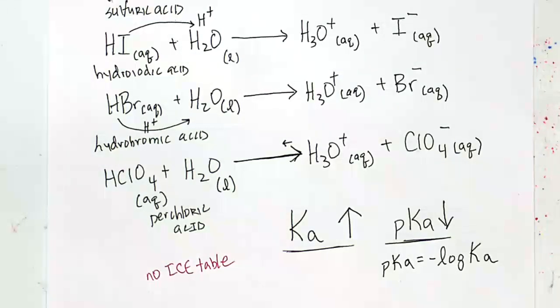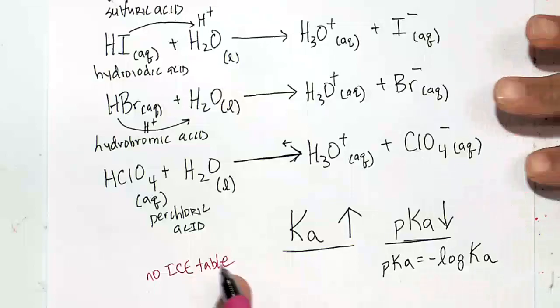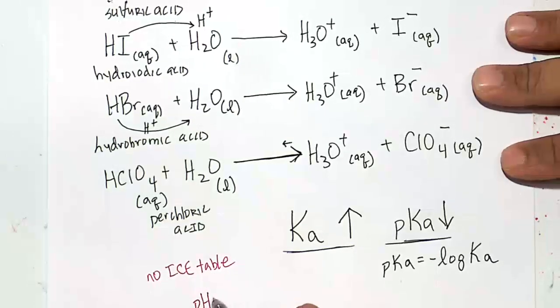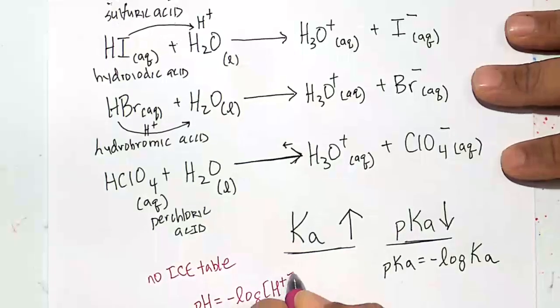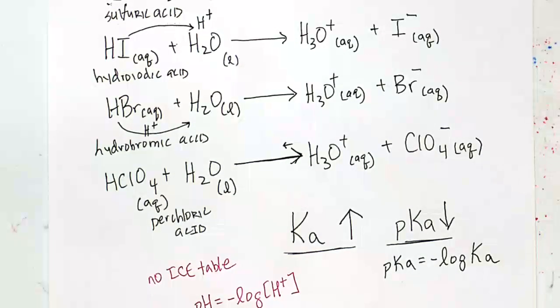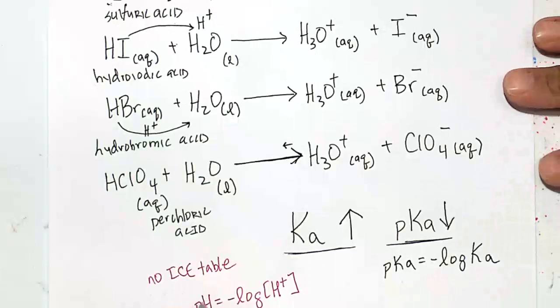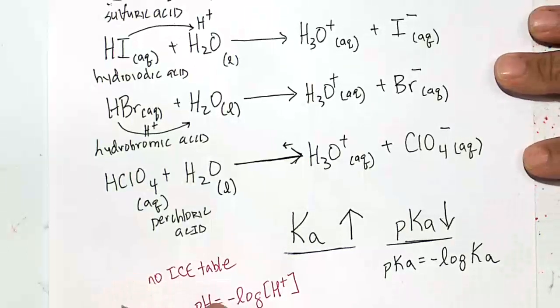So what do you do? How do you calculate the pH? You just plug it straight into the pH equation for these 6 strong acids.